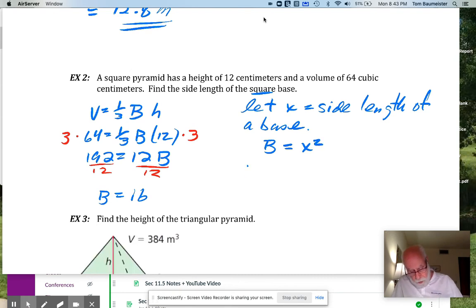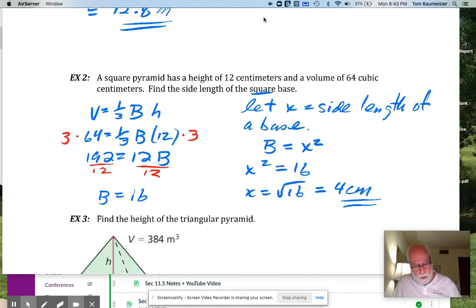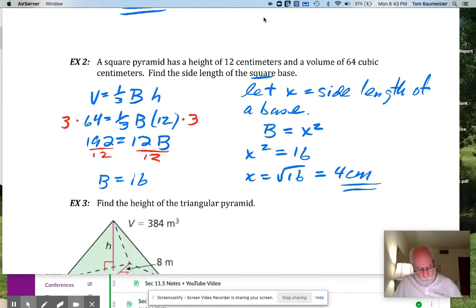So X squared is equal to 16. Remember, the way we get rid of a square is to square root it. The square root of 16 is equal to 4, and remember that's a linear term, so it's 4 centimeters, and we're done with that one.